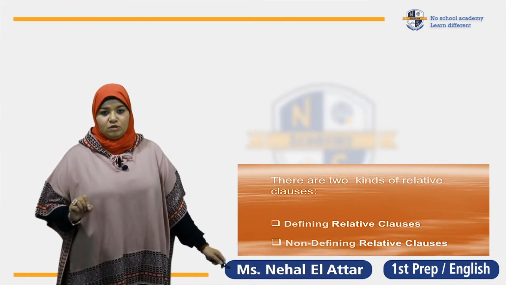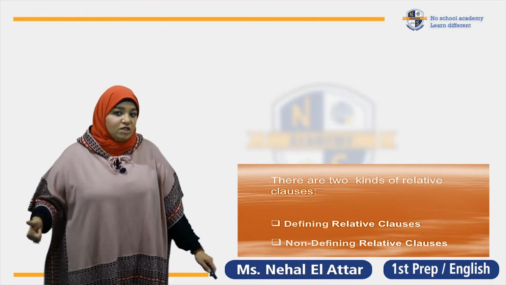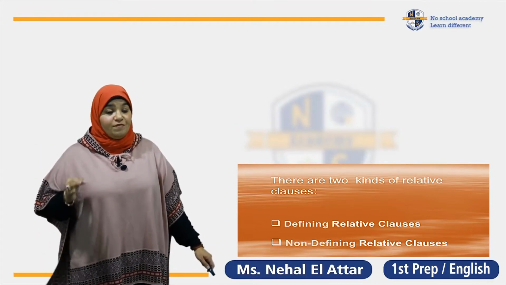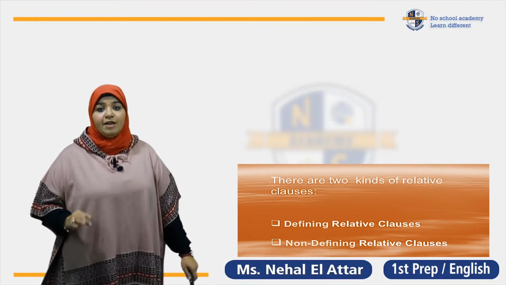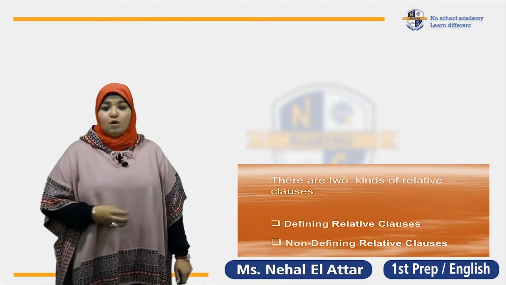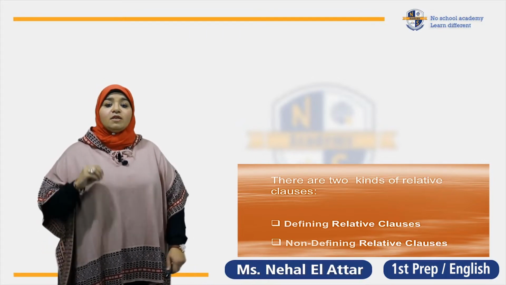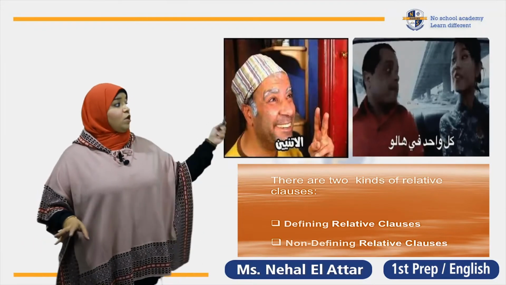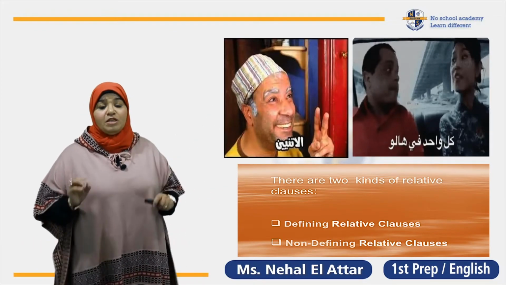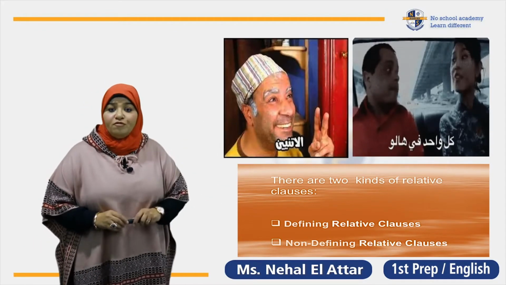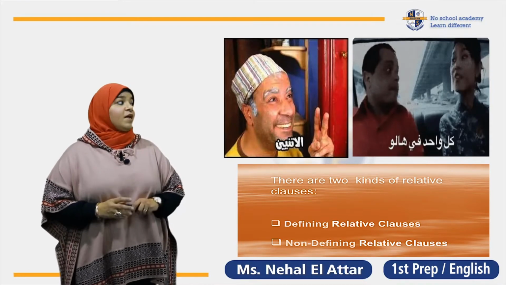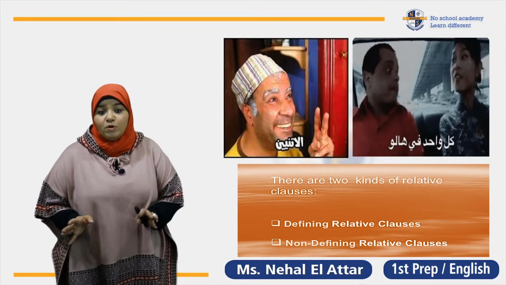Yeah, the defining ones. So again, the defining relative clause gives information that is of vital importance, that we cannot omit, that we cannot leave out. Here we are repeating the information for you on the screen. It's most common in spoken English.